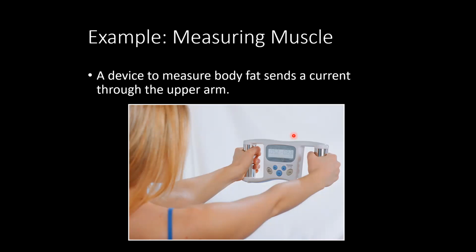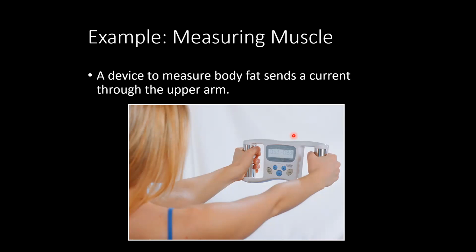I'm not going to share that particular information with you, but it's kind of interesting how it works. It shoots a small current through your body, and depending on how much fat you have, that gives a different resistance, and that different resistance affects how much current it can actually send through your body.